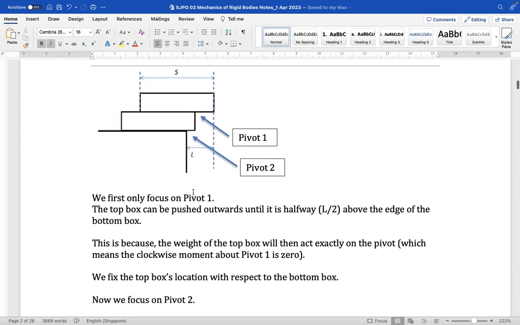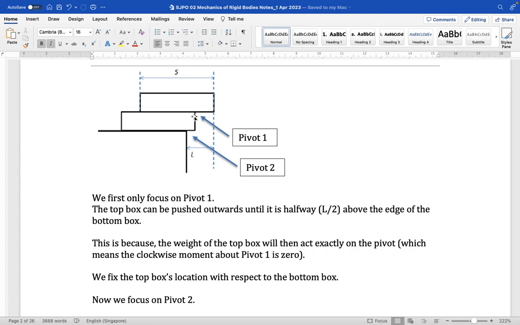So let us take a look. This is the first pivot, and you can push the first box all the way until the center of gravity is directly above this pivot. That means S over 2 will be here. When the center of gravity is directly above the pivot, the object will remain balanced because there is no clockwise moment about pivot 1.